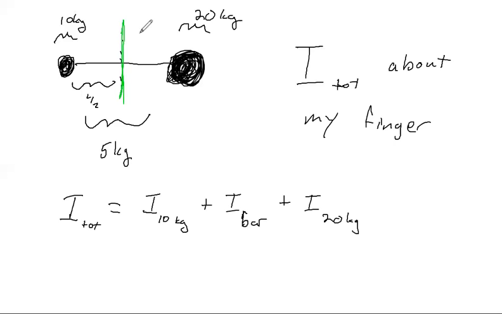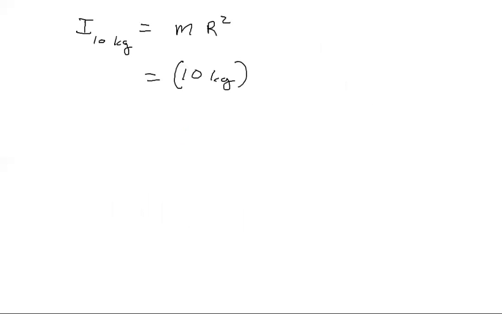I for the 10 kilogram mass, that's like a point mass, so that's just going to be mr squared, which when I plug in numbers, that's going to be 10 kilograms. Oh, hold on here. I need to give you a length. Sorry. Assume, put that in red since I forgot it earlier. L is, let's just take it to be 1 meter. Okay, so we'll assume L is 1 meter.